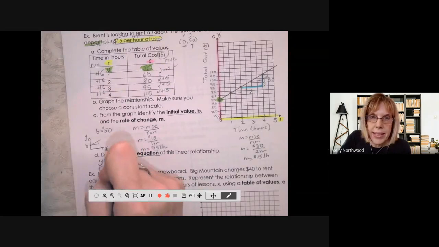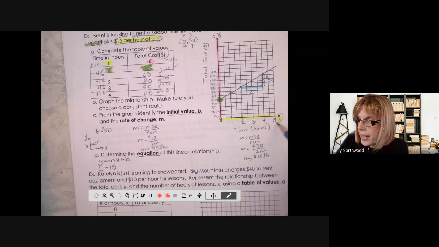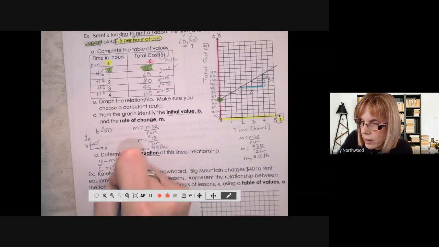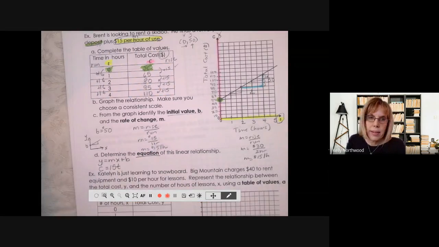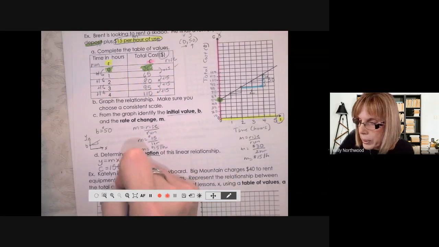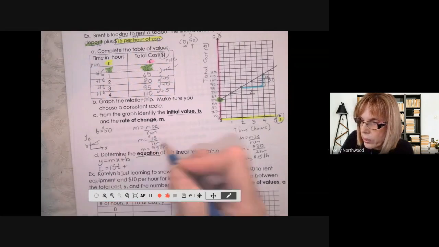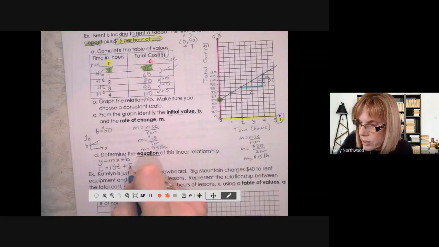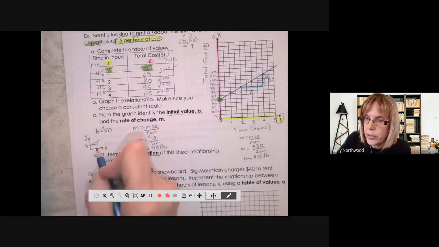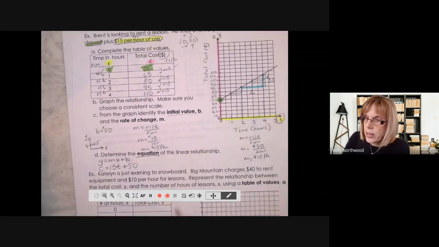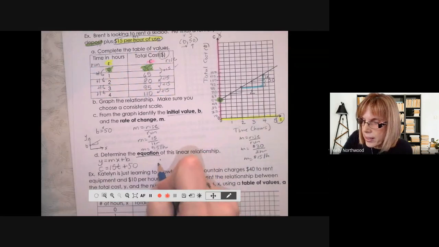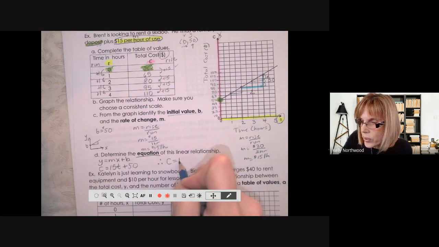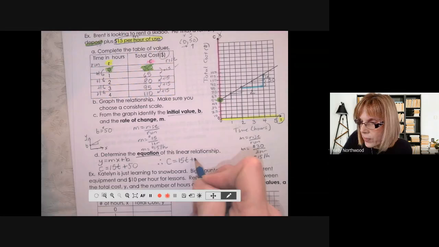X, in this case, is called the t-axis for us because it represents time. Plus our initial value, which is $50, which we can see on our graph. It's where we start, it's our B. So our equation is C equals 15t plus 50.